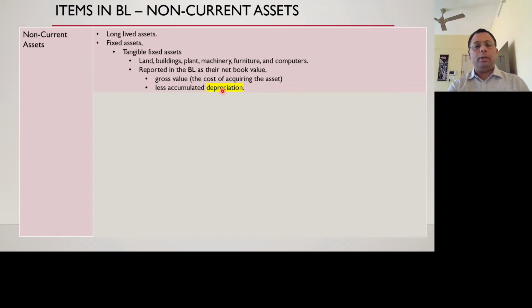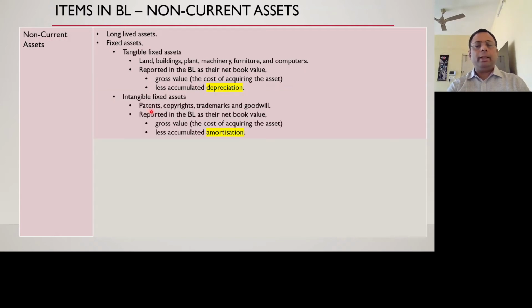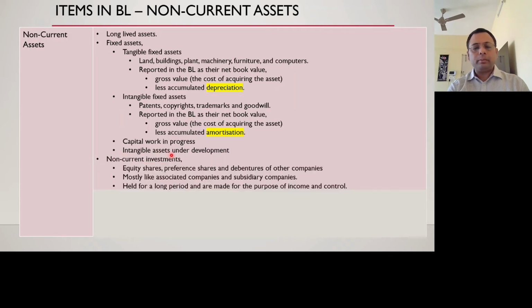This is how it is calculated. Then there are some intangible fixed assets also, like patents, copyrights, trademarks, and goodwill. The difference here is that instead of depreciation, the amortization of these assets is considered. That's the difference between tangible and intangible fixed assets. Then capital work in progress, intangible assets under development. This is what non-current assets are.